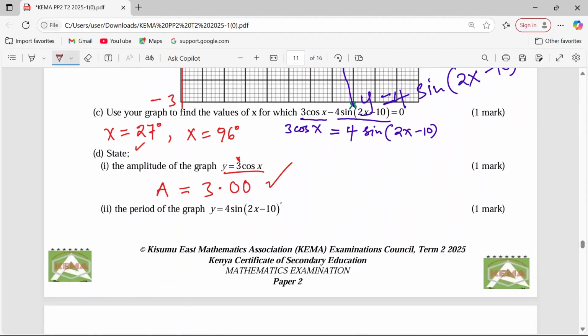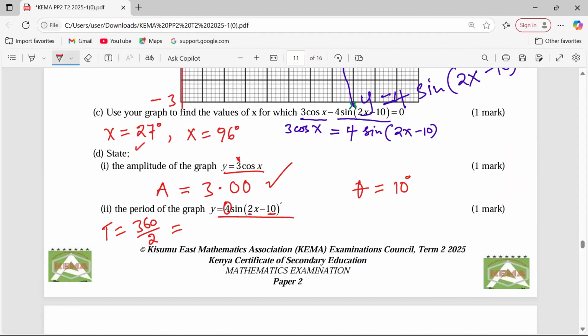Now, in the next one, we are told to state the period of the graph, the second graph, whereby the amplitude is here, and we can see that there is an angle here of 10. So in case we'd been told to state the phase angle, it could have been 10, the absolute of whatever is written there. So we are supposed to know that a period is usually given by 360 divided by the value just before x.